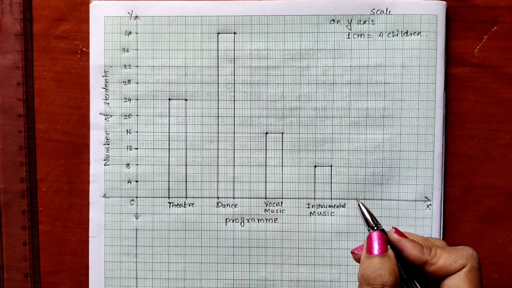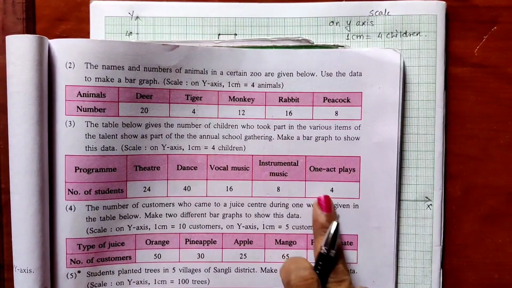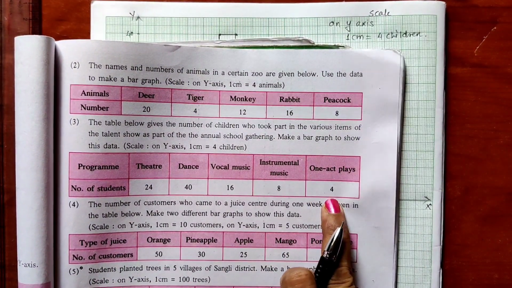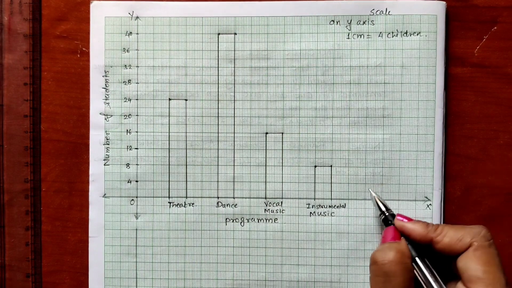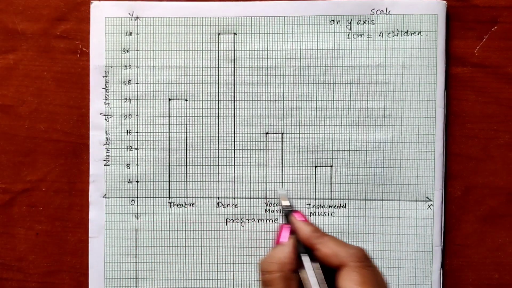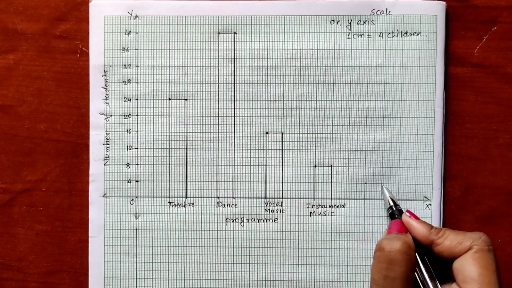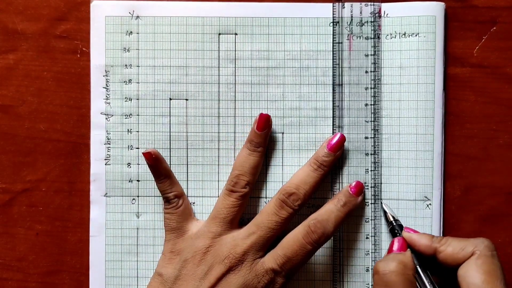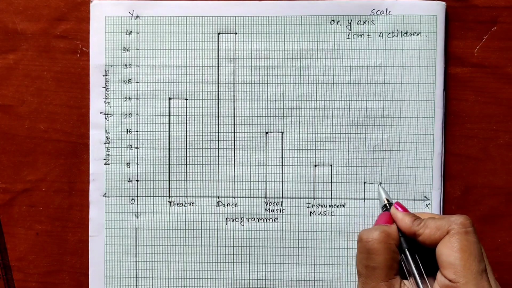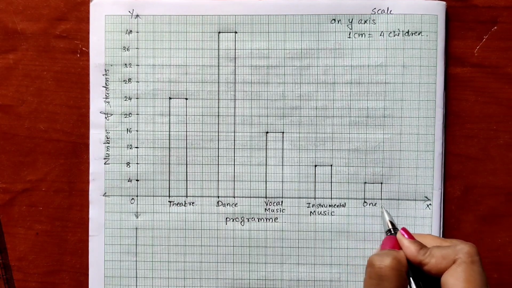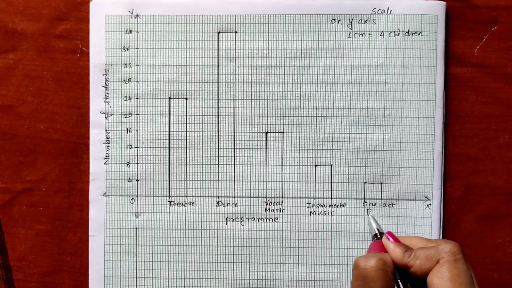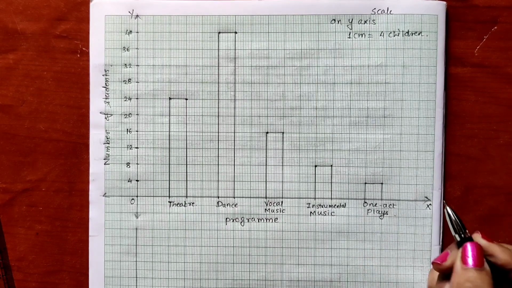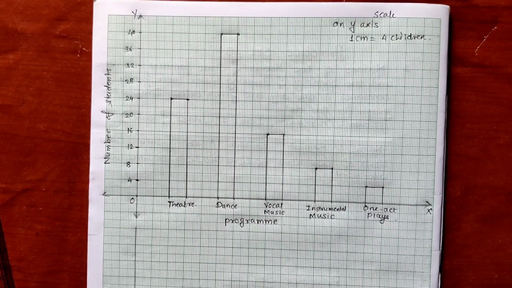And last column we have to draw for one act plays. 4 students are there. So 4 means first dark line. One act plays. So in this way we have completed this bar graph.